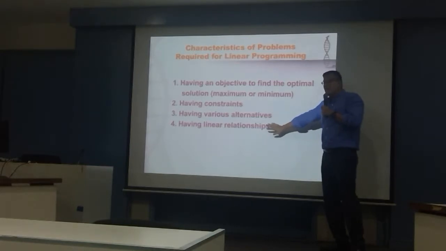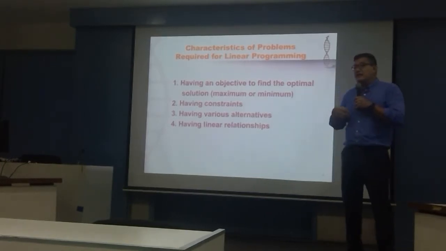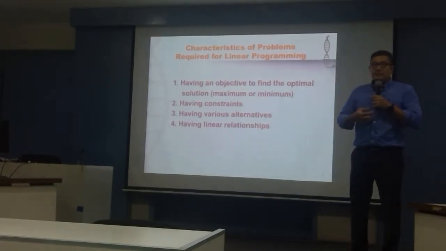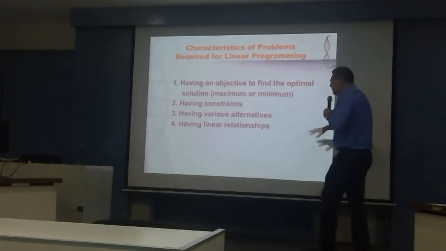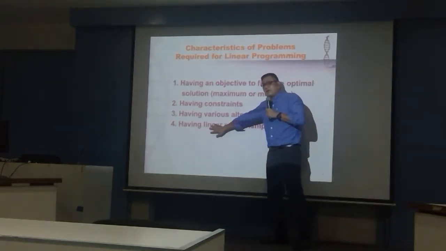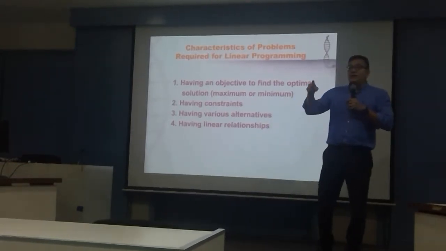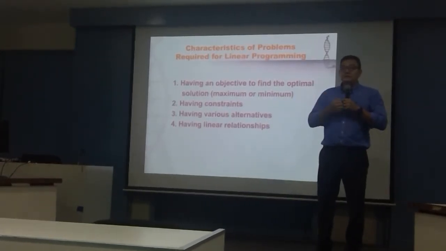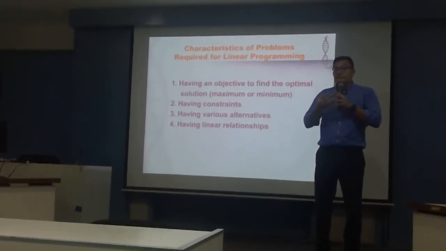And the last one is very important, right? Everything that we're going to solve using linear programming needs to be in a linear relationship form, because the name is linear programming, right? Linear relationship means that in the context of an equation, the variable has to have only degree 1 and degree 0. So no need to have squares. Right?